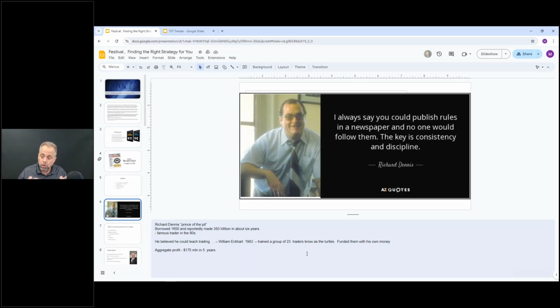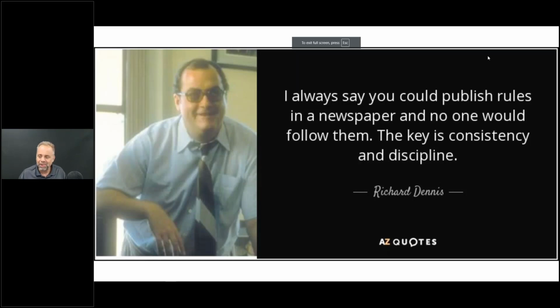Over the course of the next 5 years, they made an aggregate profit of $175 million. So that's the story behind the turtle traders. One of my favorite quotes in trading is, I always say you can publish my rules in a newspaper and nobody would follow them. The key to trading is consistency and discipline.